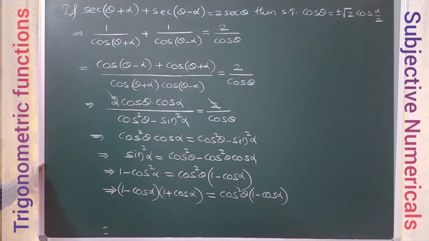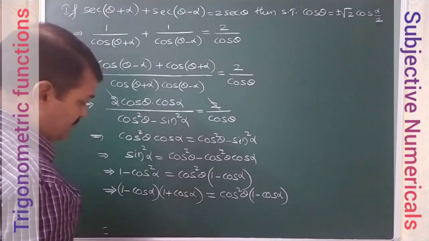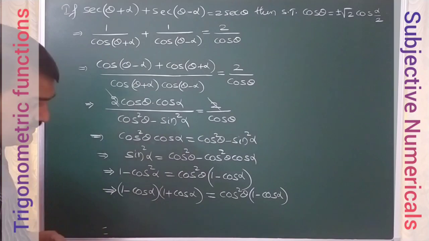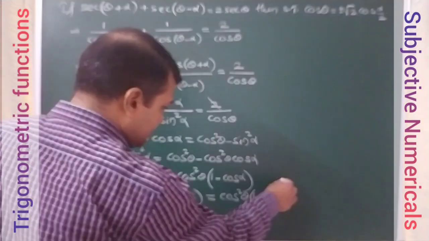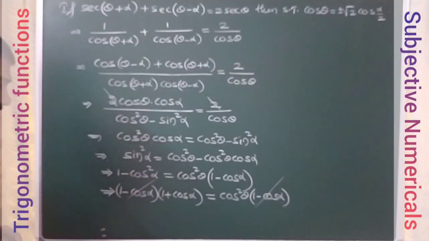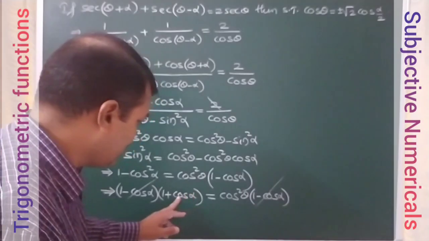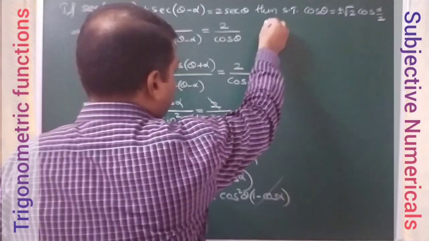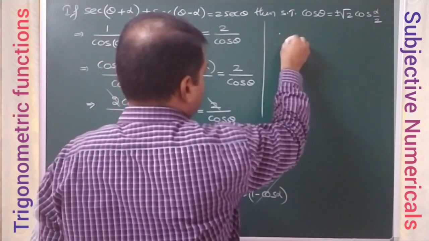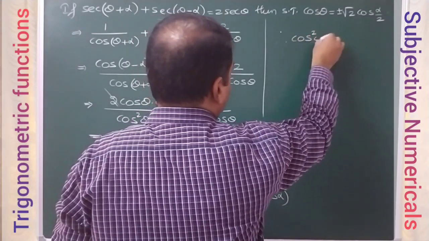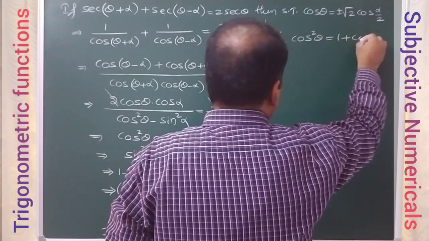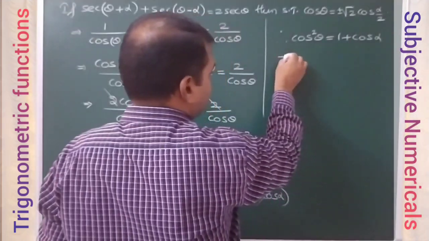Now we can cancel this 1 minus cos alpha on both sides. What is left now? Cos square theta is equal to 1 plus cos alpha.